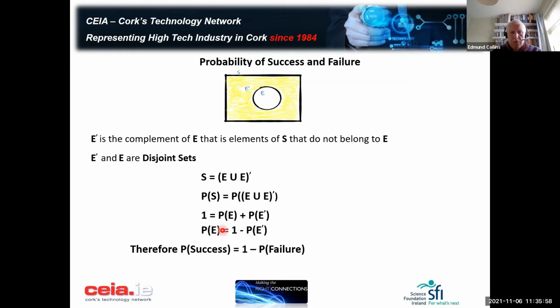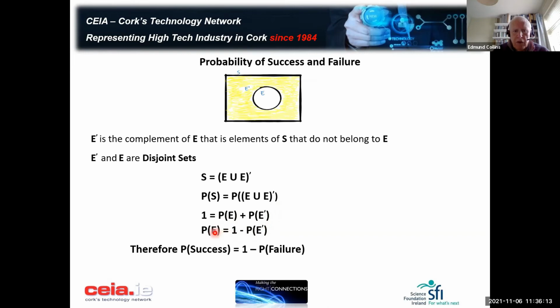Therefore, working that out, just doing the algebra, the probability of E equals 1 minus the probability of the complement of E. So this is what it's all leading up to here.